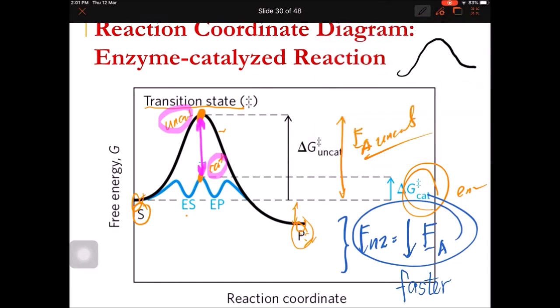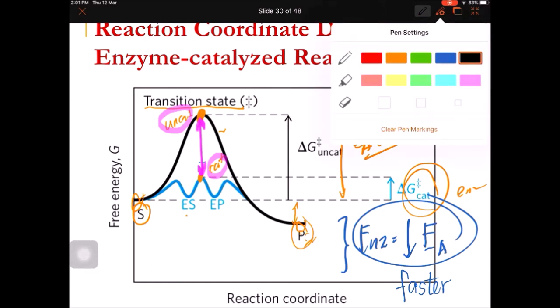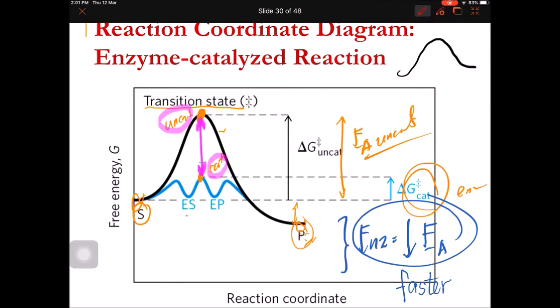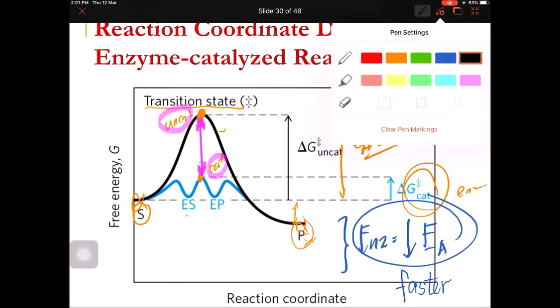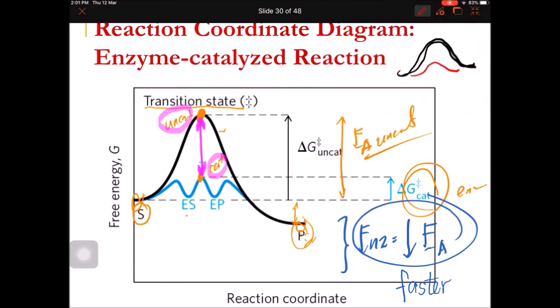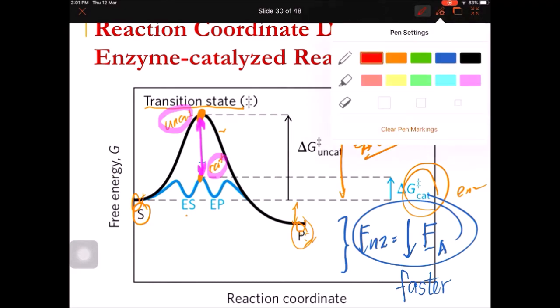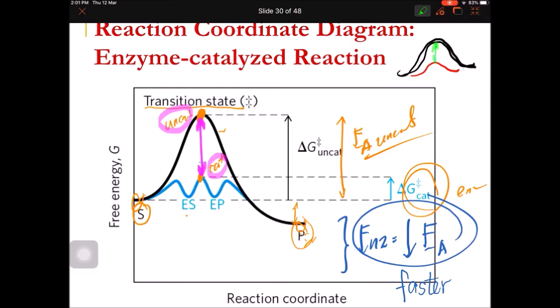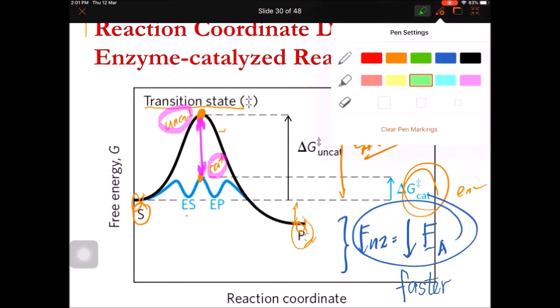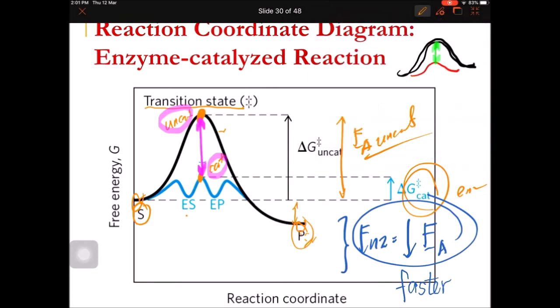Meron tayong graph sa uncatalyzed at meron tayong graph sa catalyzed. So napansin natin na merong energy difference, yung nawala, yung natipid na enerhiya. Ang tawag sa natipid na enerhiya, binding energy. Again, ang tawag dito ay binding energy.